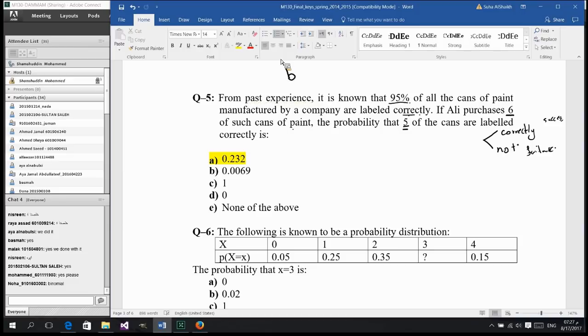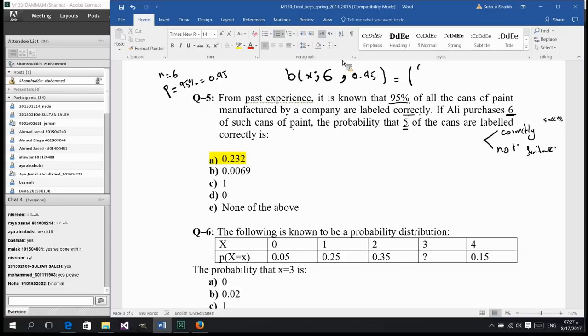And now the binomial is of x, and the number of the cans that he purchased is what? 6. So the n is 6. And the probability of the success, meaning painted correctly, is 95%. So 95%, or we can say it is 0.95. So it is a binomial of x, 6, 0.95.